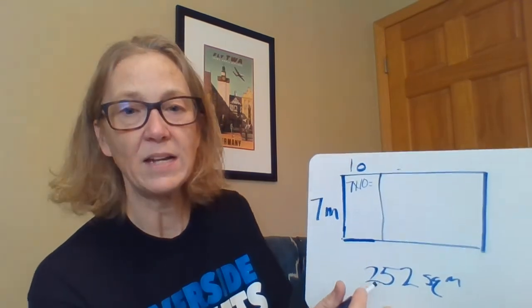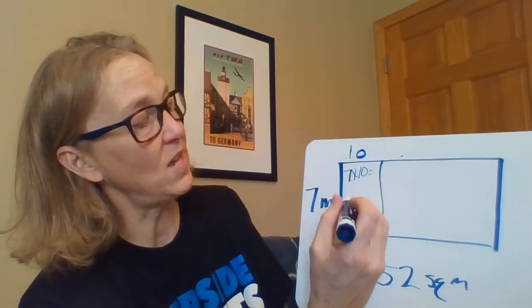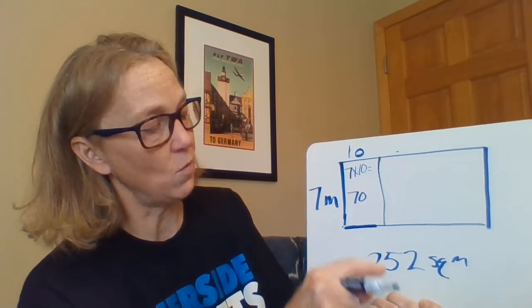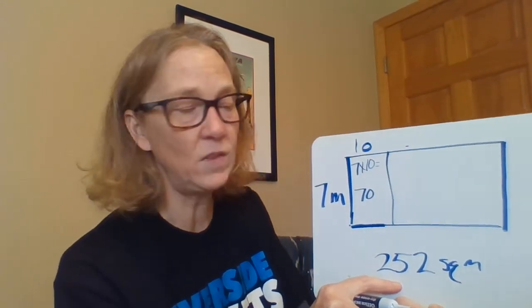So I'm going to start here, and I'll say this is 10 here, so 10 meters. So this would be a 7 by 10, smaller area. And I know that 7 by 10 will get me up to 70. So that's still a little bit of a distance away, but I'm getting closer, and that's a good thing.